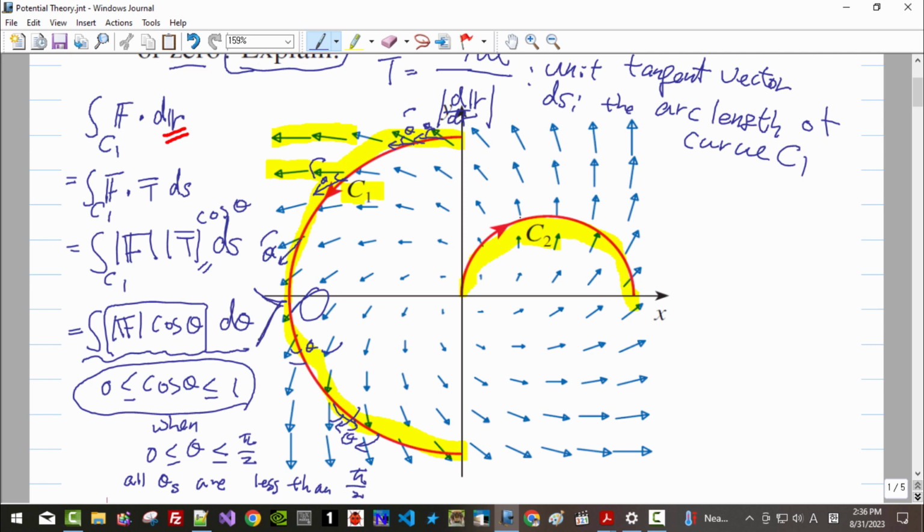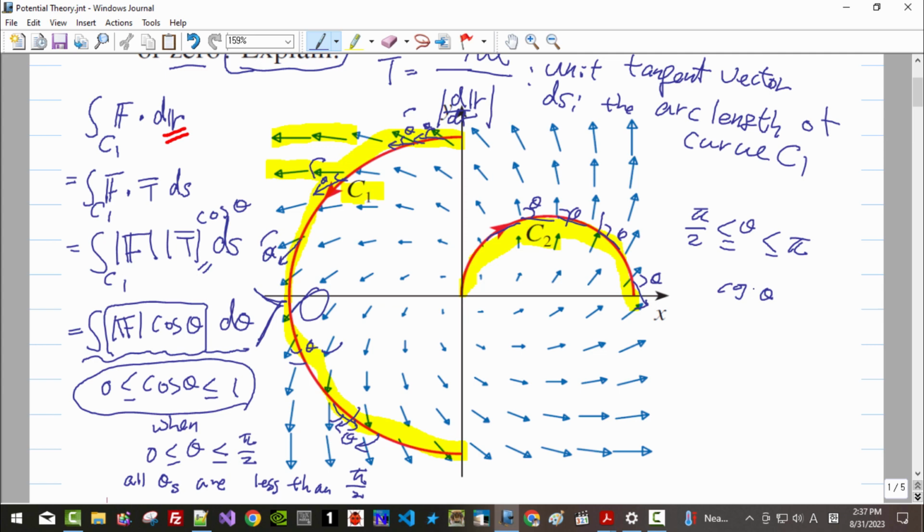In this case, this is theta, because this is our unit tangent. This theta is greater than pi over 2, less than pi.